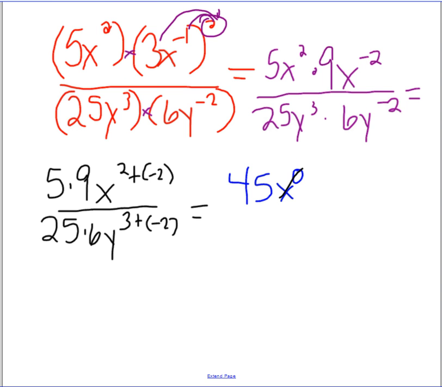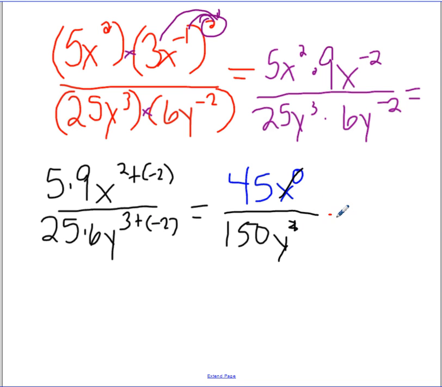So we'll just get rid of it. And that is over 25 times 6. Well, 6 quarters would be $1.50. So we have 150. And our y, 3 plus -2 is 1. Which again, our 1 isn't necessary, so we can just ignore that as well.